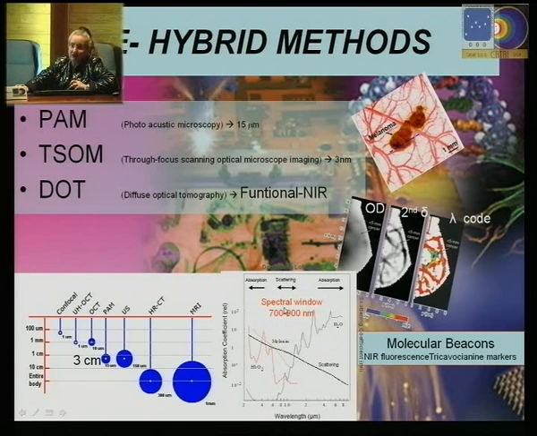The spectral window has already been brought by Konstantinos Pitris, and in fact I took these images from him. The spectral window is from 700 to 900 nanometers wavelength, and is a window where the hemoglobin almost does not scatter, the water also does not make any information, and the tissue scattering is in the middle point.